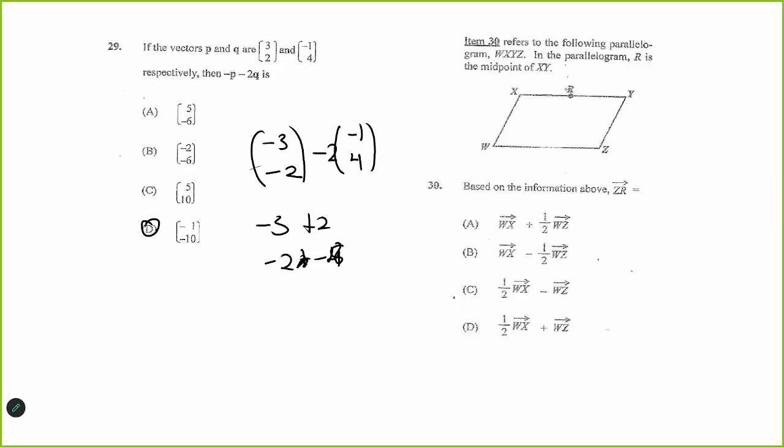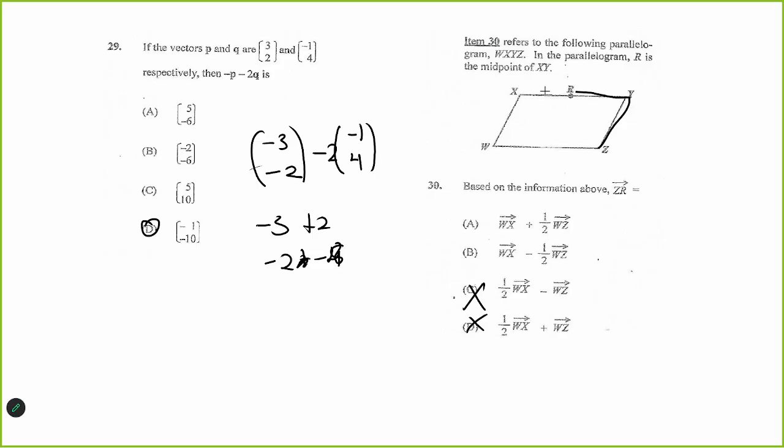To get Z to R, we're going Z to Y and Y to R. Right? Now, we know that this side here, ZY, is the same thing as WX. Right? So we looking for WX, not a half, so this is out. So it's either A or B.